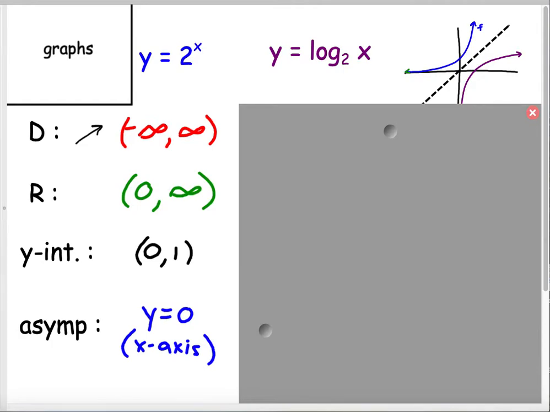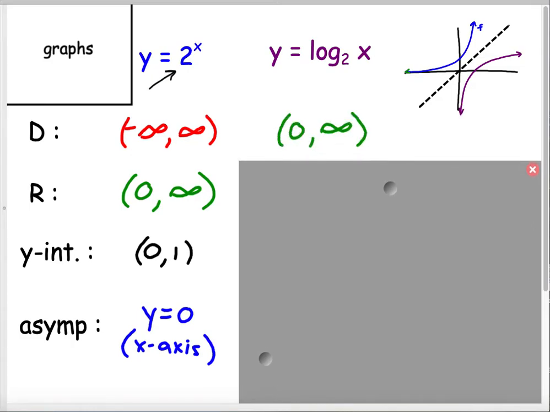So what about its inverse, the log function? Well, to get an inverse, we switch x's and y's, so we're going to switch the domain and range. For the log function, the domain is going to be what the range was for the exponential. So for this purple graph, the domain is going to be everything greater than 0.